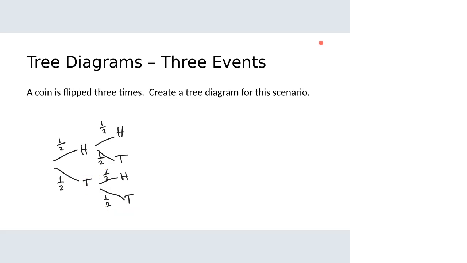If we wanted to have a third flip, then our tree diagram has to keep going. And we would have heads or tails off of here, heads or tails off of here, heads or tails off of here, heads or tails off of here. And again, all of those probabilities would be 1/2.